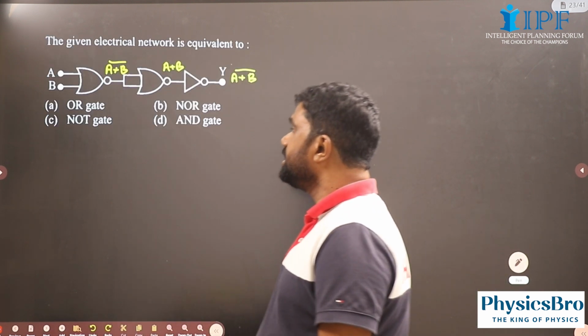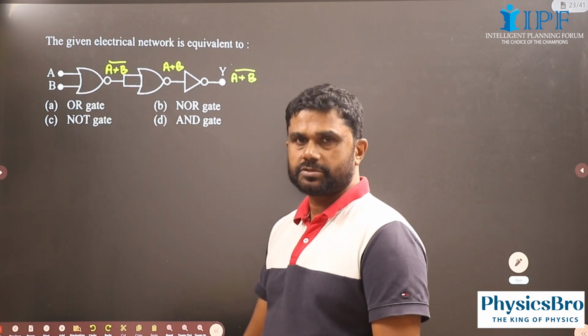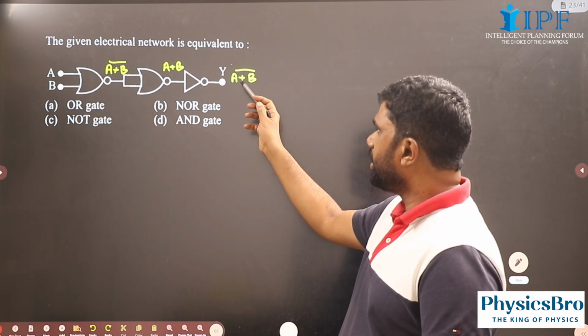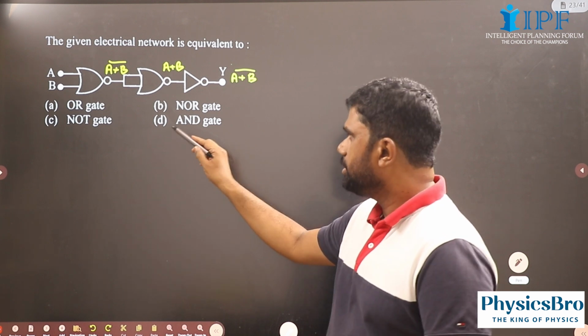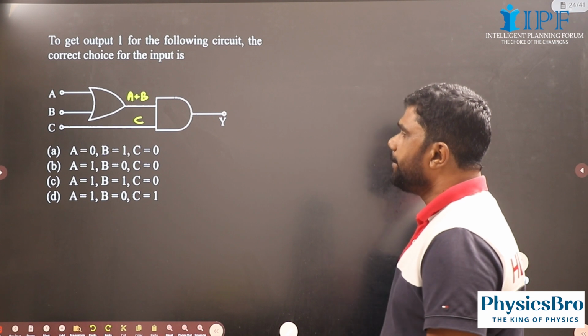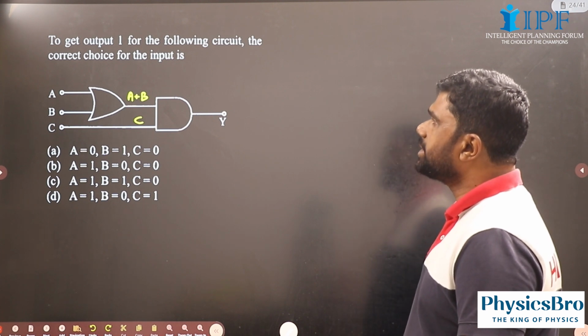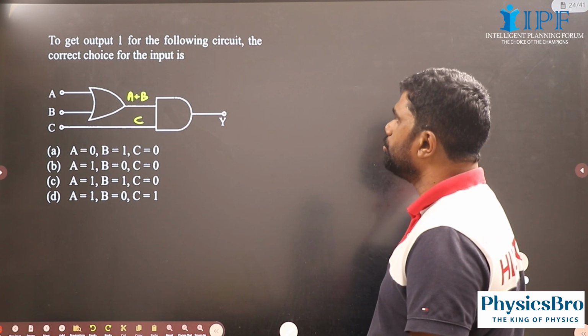Now let's see next. Here we have A and B at the inputs, and in the output we have A or B whole complement, means it is a NOR gate. Now see, here we have to get 1 for the following circuit.